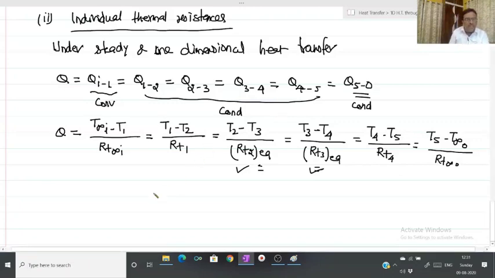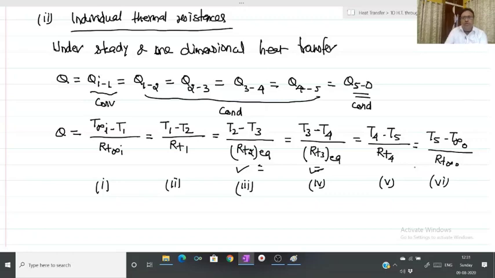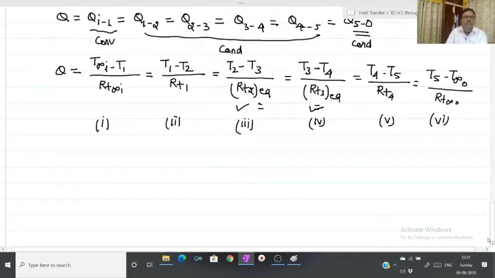Now let's say I give these equations numbers 1, 2, 3, 4, 5 and 6. They have some significance because we are going to use these individual expressions later on to find out some parameters which are asked to be calculated.